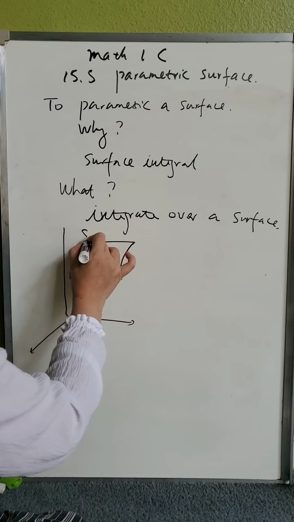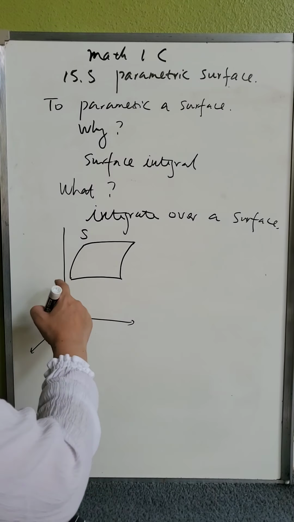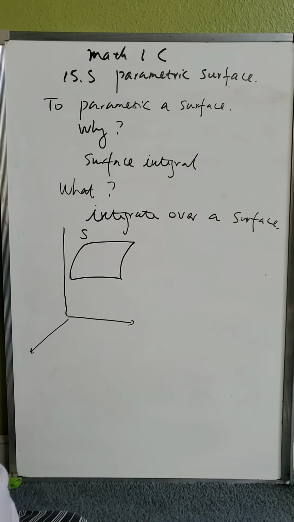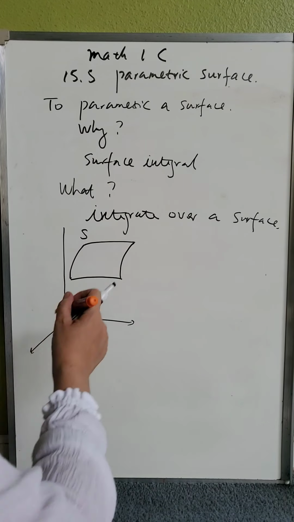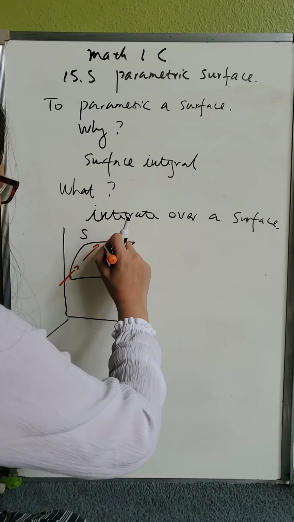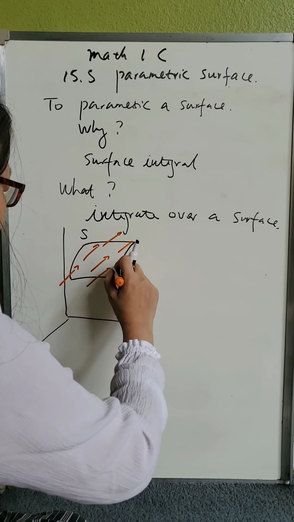So I use S to represent my surface. And then if I want to see electricity flow across the surface, or heat or liquid, okay.